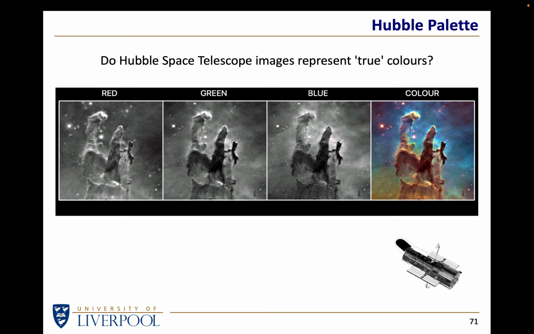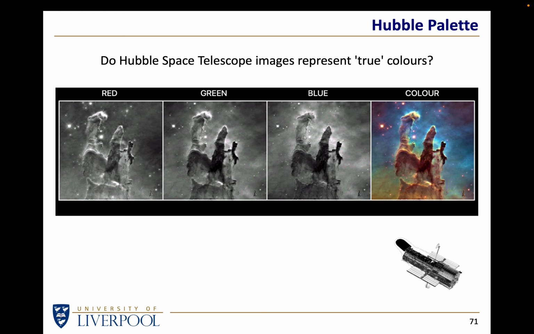I'm not going to simply use filters just like a normal color camera that separates red, green, and blue, because that would be dominated by the hydrogen in the red. What we're going to do in the case of the Hubble Space Telescope and many other imaging techniques is to say we're going to take an image in which we're only going to let through the light of one element.